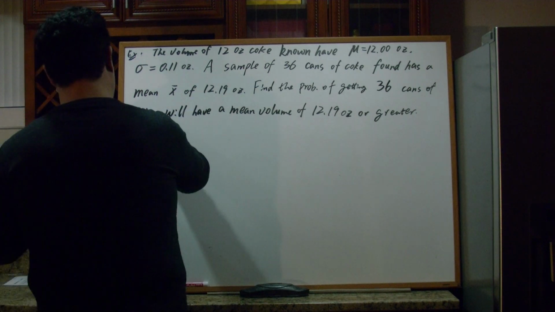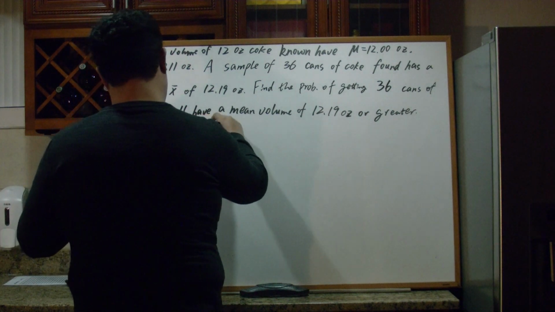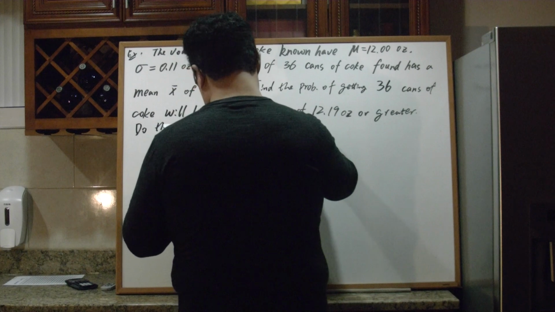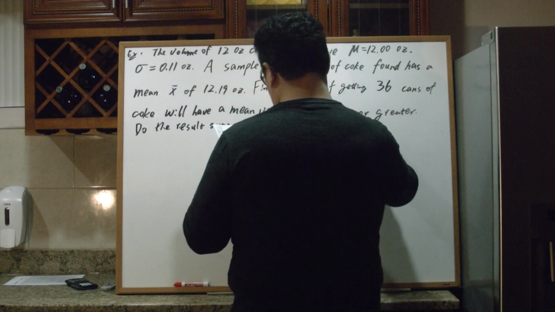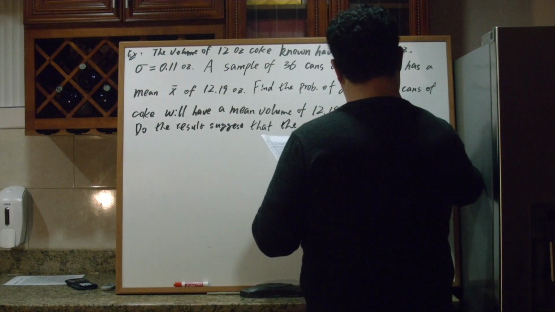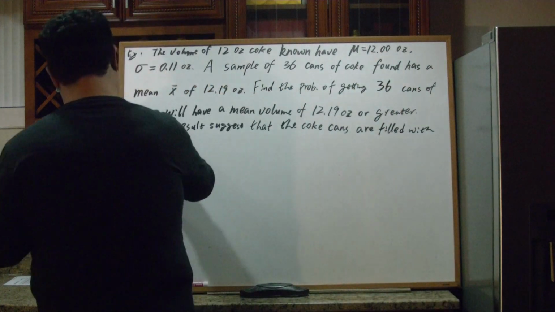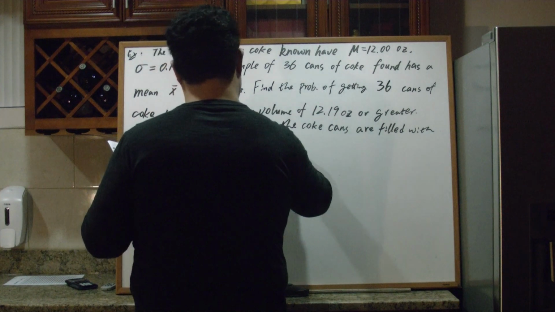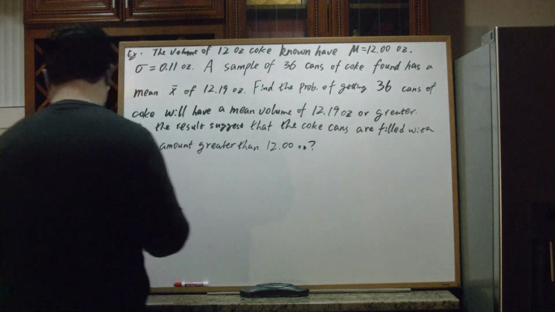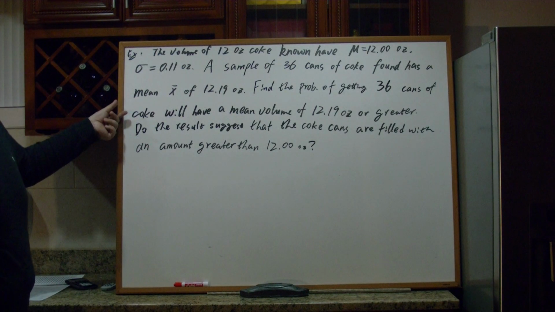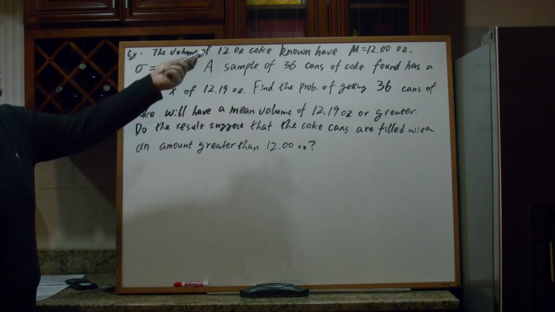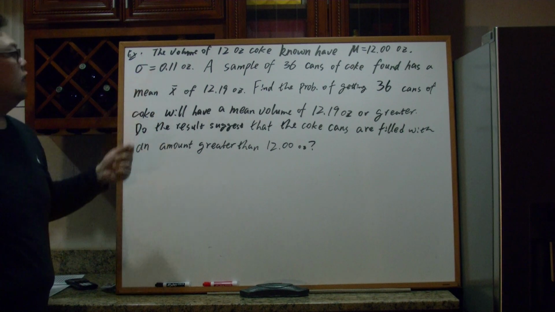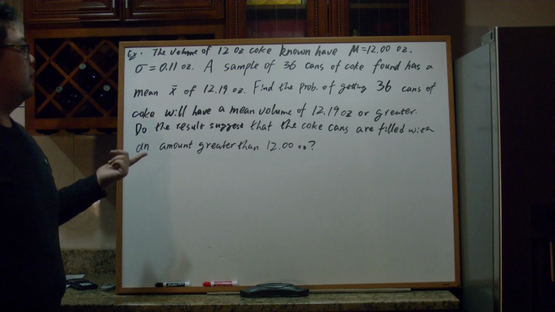If the probability of getting that is very unlikely, assuming the average mean volume for 12-ounce Coke filling is 12 and the standard deviation is 0.11, is that usual to get 12.19?